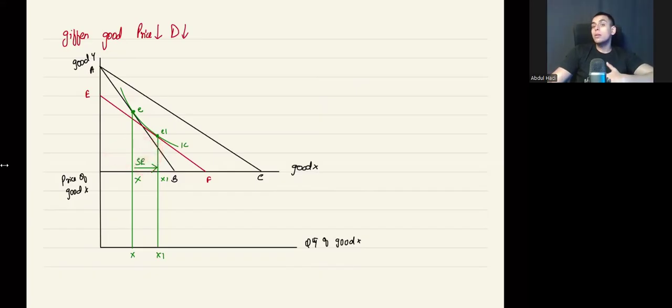A Giffen good is more inferior than an inferior good. So Giffen good will create an equilibrium over here like this: IC2, equilibrium E2, and quantity X2.